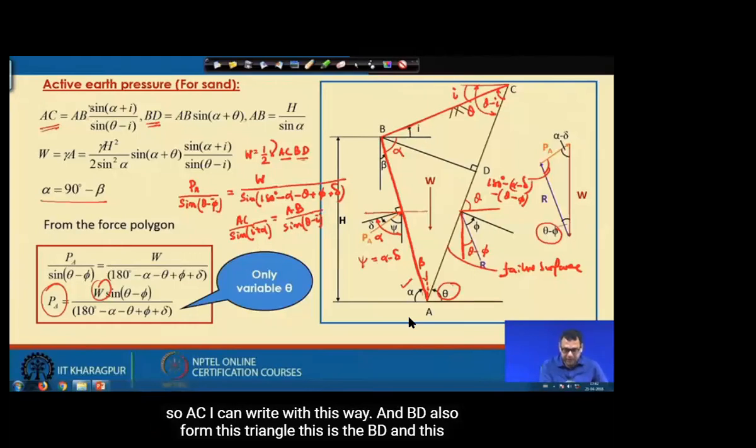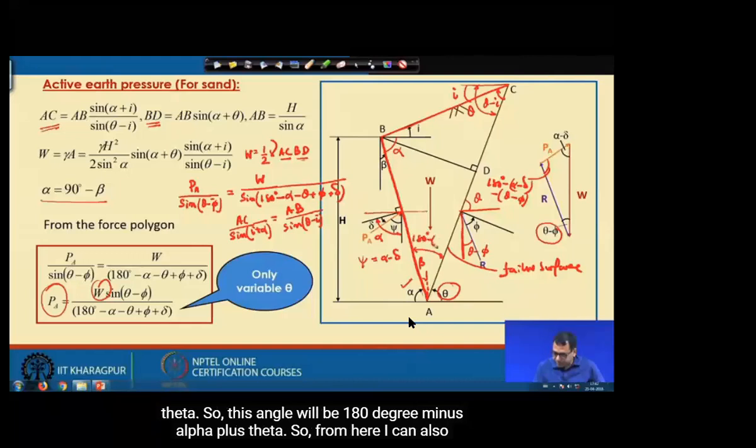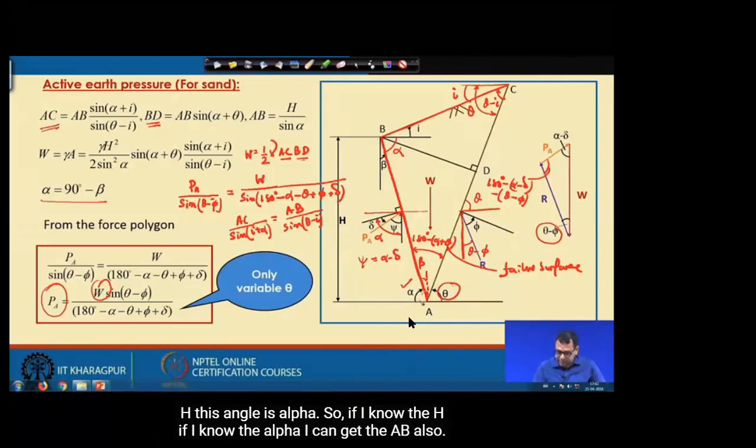So, I can write AC this way, and BD also from this triangle. BD, with AB as this one, and this angle we know: alpha and theta, so this angle will be 180 degree minus alpha plus theta. From here I can also get an expression for BD and AB. AB is this one and this is H, this angle is alpha.